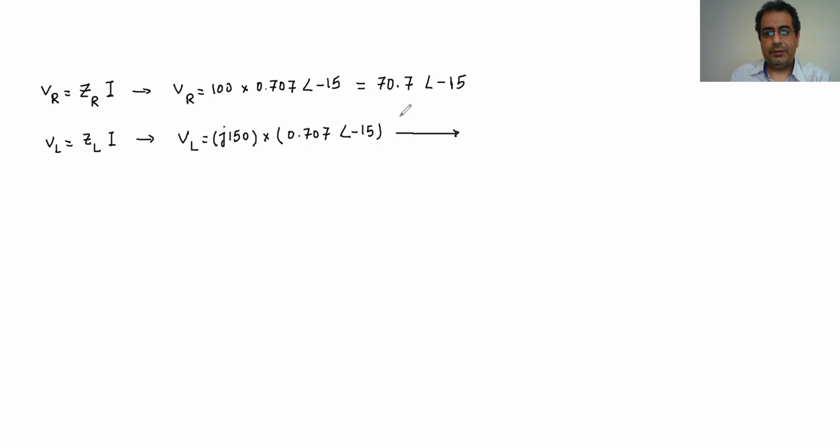And remember, if the Z value is only jY, then the magnitude is basically Y with angle of 90. We had it before. But again, you can simply enter it in your calculator and get it.